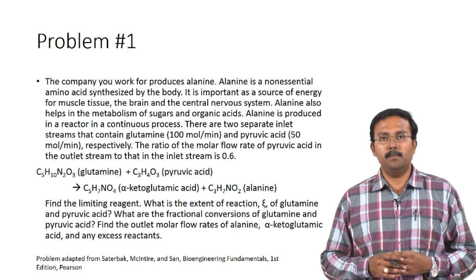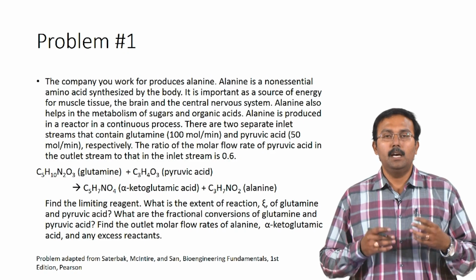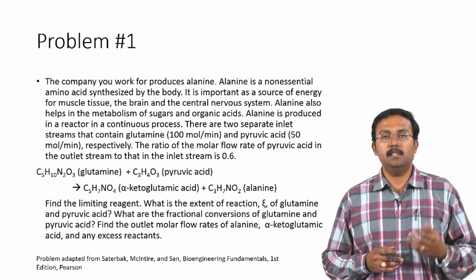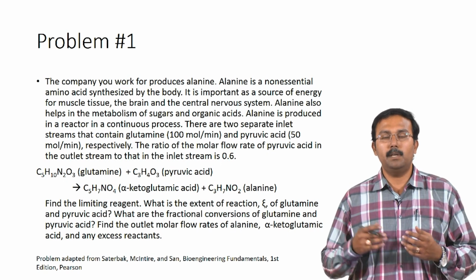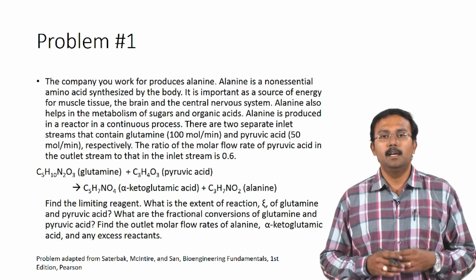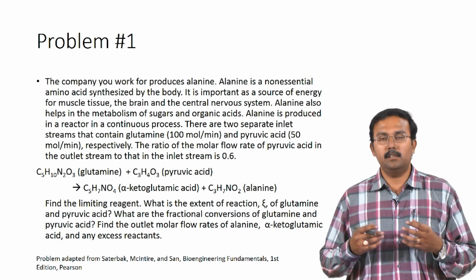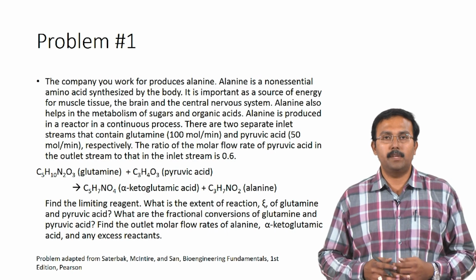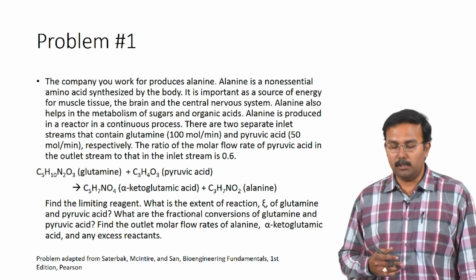Using this information we need to calculate how much pyruvic acid is actually consumed, what the conversion is, how much glutamine is consumed and the conversion based on glutamine, and we should also calculate the composition of the exit streams and the extent of reaction. Let us go ahead and try to solve this problem.